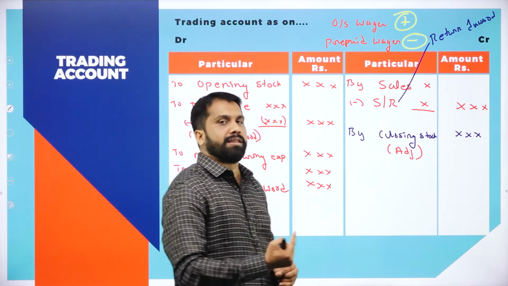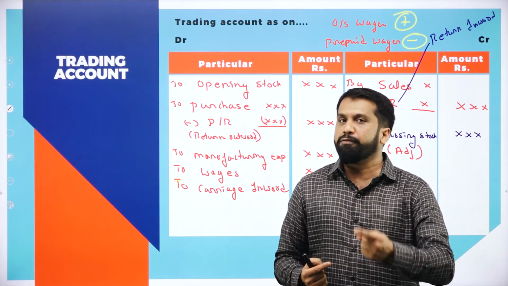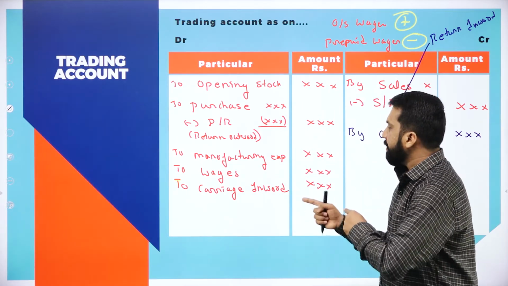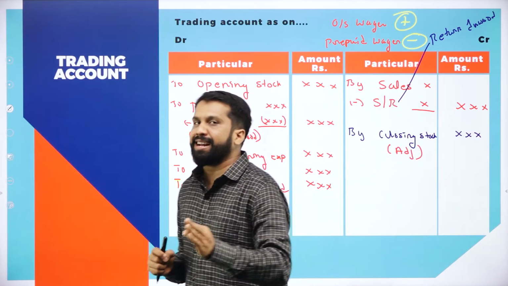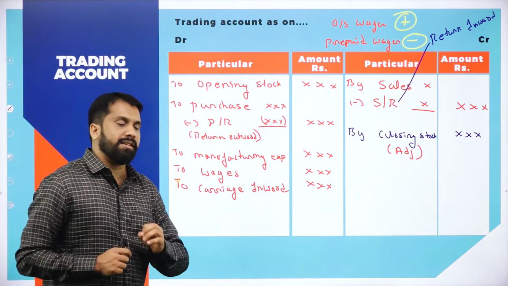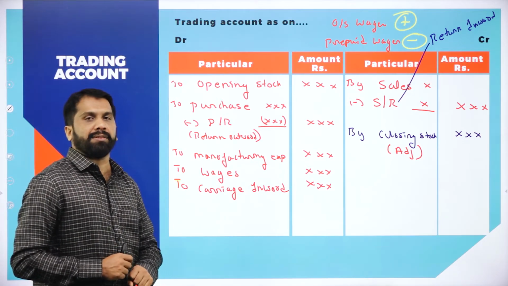Within the campus, if anything is transported or shifted, we can call it carriage inward. Carriage inward is a direct expense. Clear? So carriage inward is also part of your trading account.